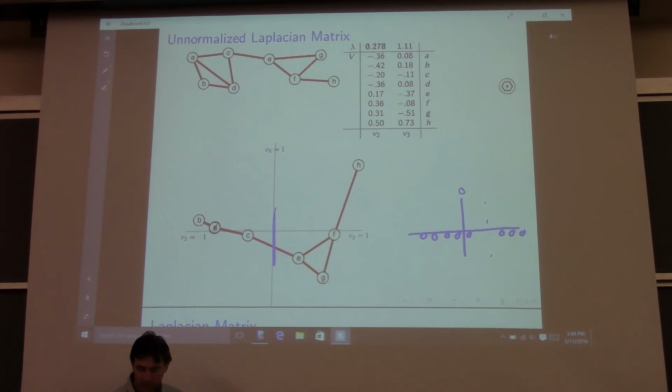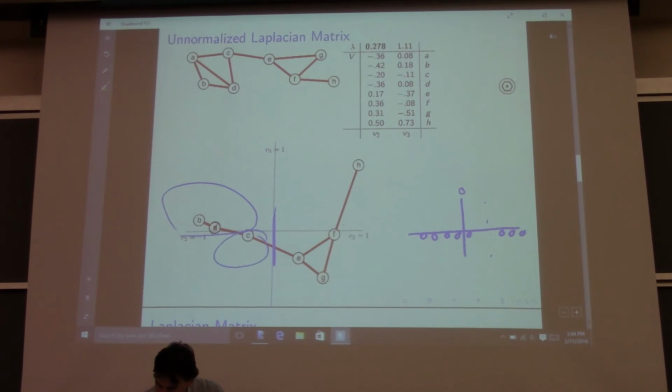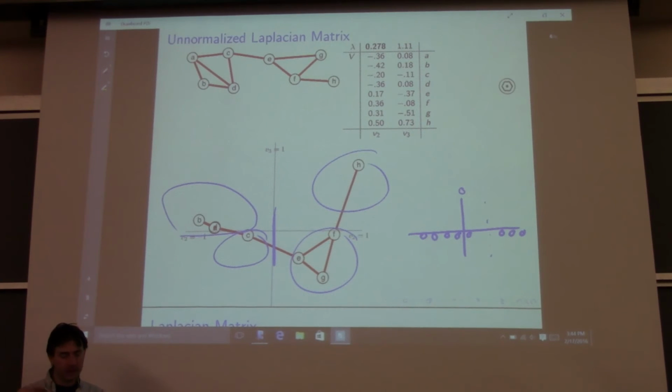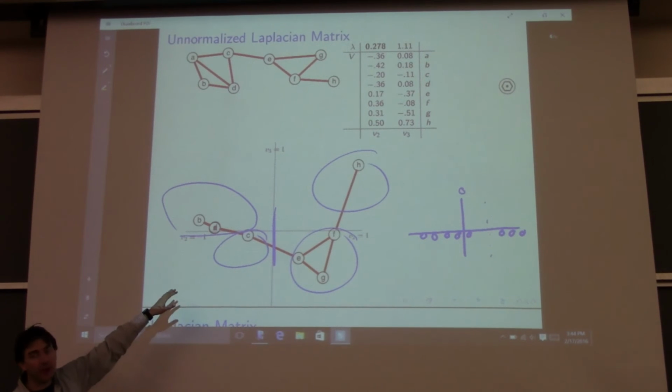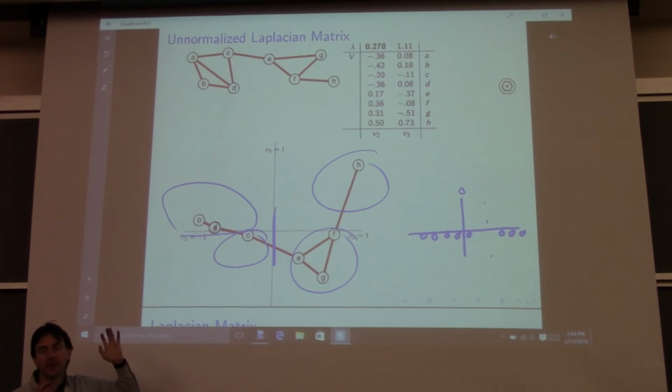So I can look at the ones in each of the quadrants. These are in the same quadrant, so they're going to break into 4 clusters this way. I can look at the splits based on the first 2 eigenvectors, the positive and negative, or I can look for other ways to do it.